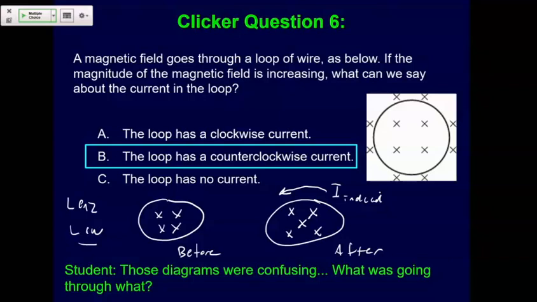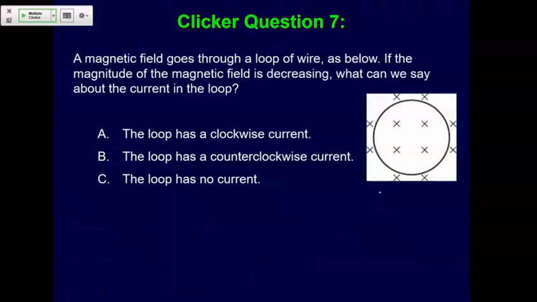So you want to make your after picture look like the before, and to do that, you would want a magnetic field pointing out at you guys to cancel that last one, and that would be an induced current going that way there. You can look at these pictures to try to understand the different examples that we're doing.